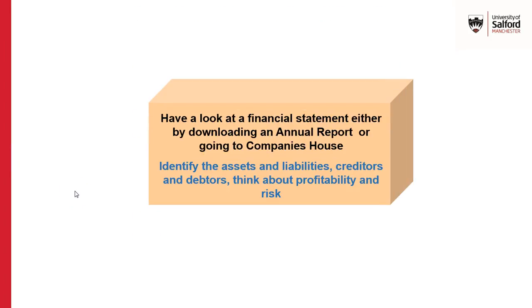So have a look at a financial statement, as we said in the first lecture. But this time, identify the assets, liabilities, creditors and debtors, and think about the profitability of the company and the risk it's facing.